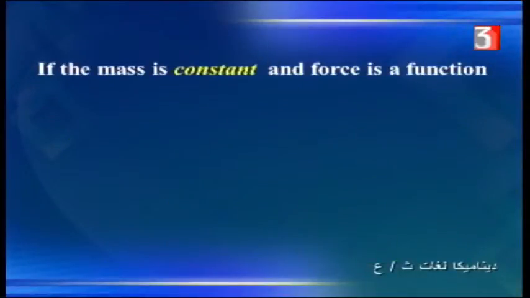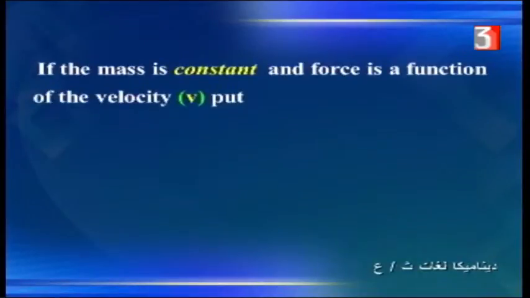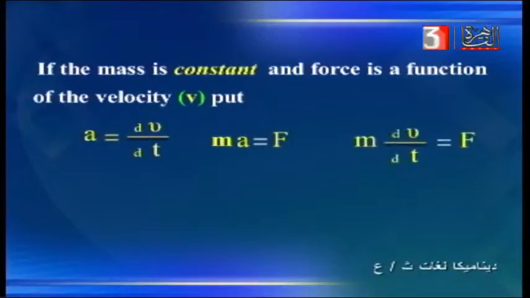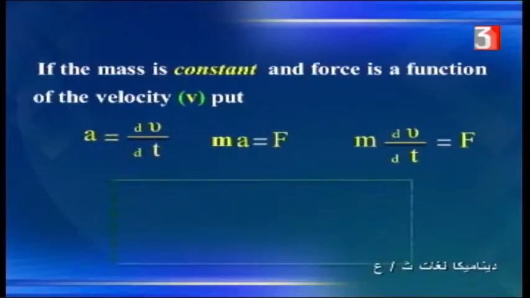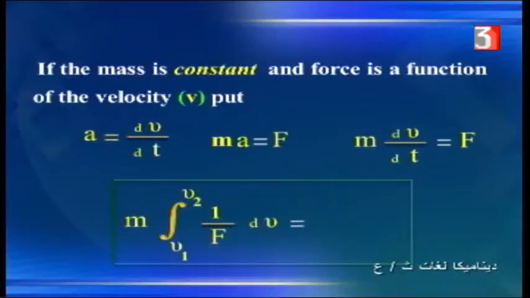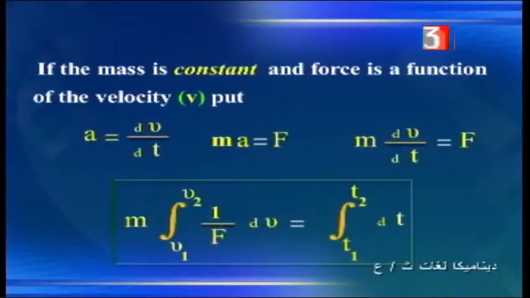If the mass is constant and the force is a function of the velocity V, put the acceleration A equals dV/dt, and the formula MA equals F can be written in the form M dV/dt equals F. Then M integration 1 over F dV from V1 to V2 equals integration dt from T1 to T2.